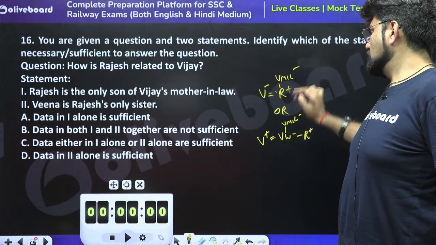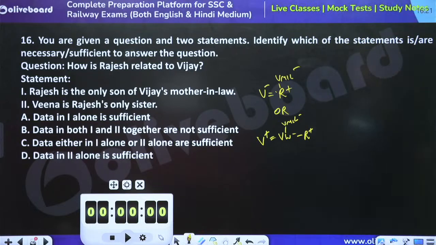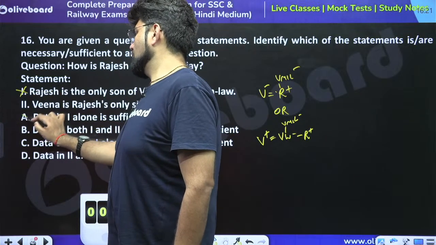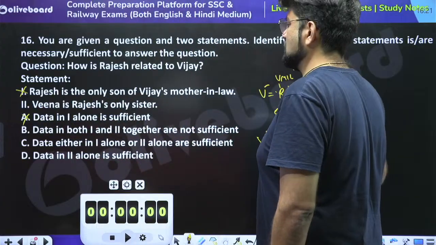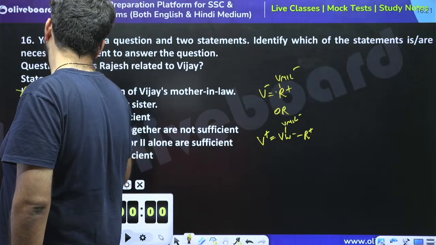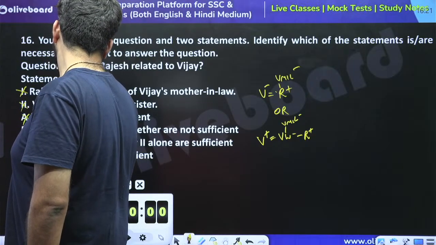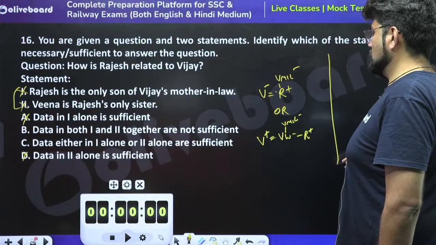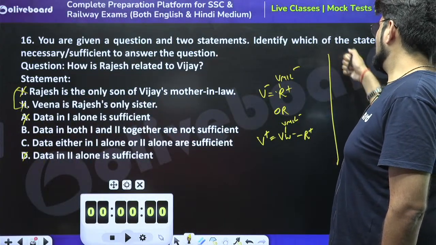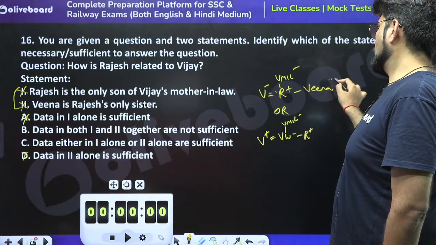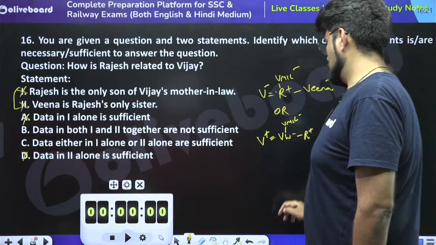Now there are two possibilities here. From statement 1, we can say Rajesh is either husband or brother-in-law. So statement 1 alone is not sufficient. Statement 2, Veena is Rajesh's only sister. Does not help. But when we take both of them together, Veena can be the sister in this case, and in this case, Veena can be the sister.